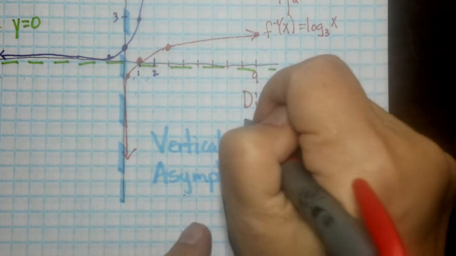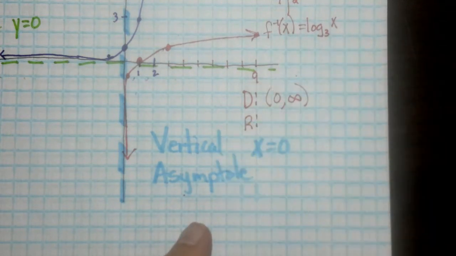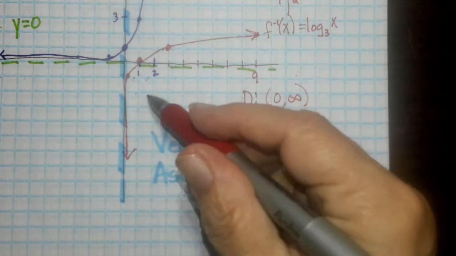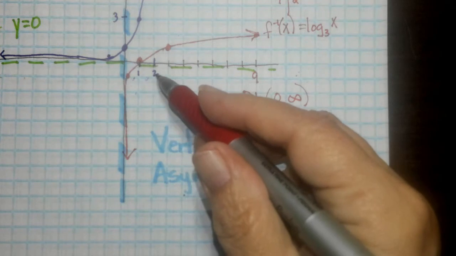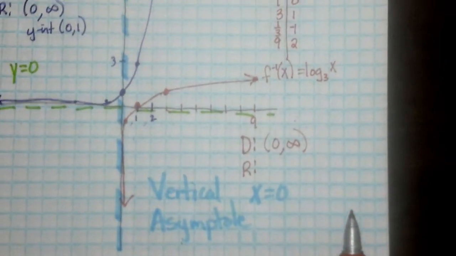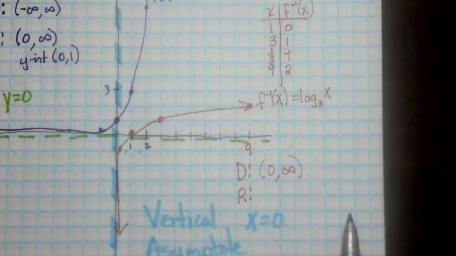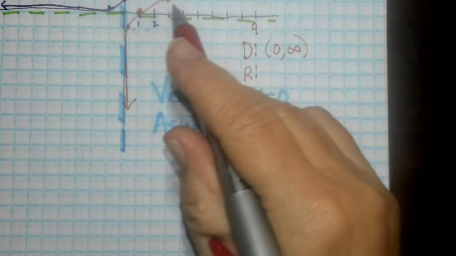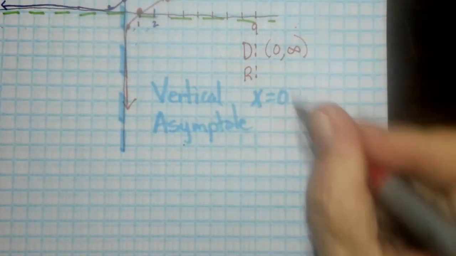And if I want to look at the range for this function, well, my range is going all the way from negative infinity, and then it's going to continue up to positive infinity. Right? It's not getting up to positive infinity anytime soon, but it's going to get up there.